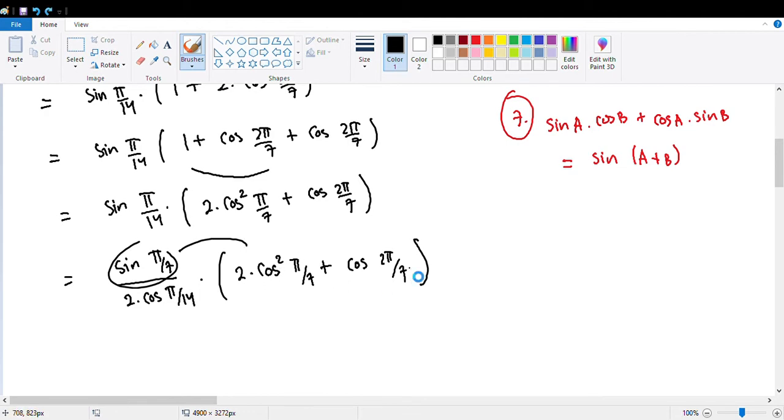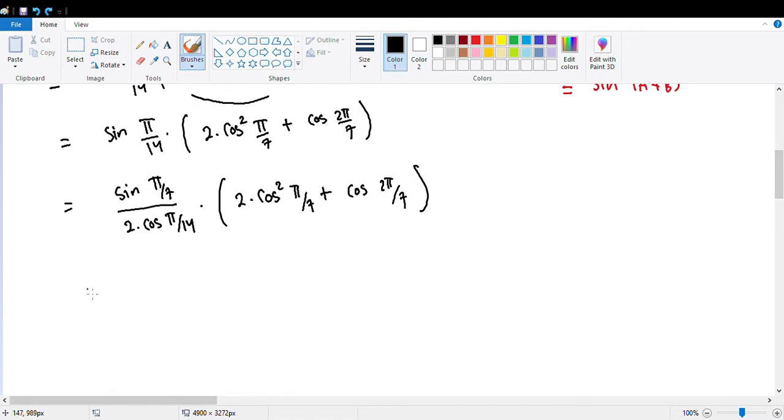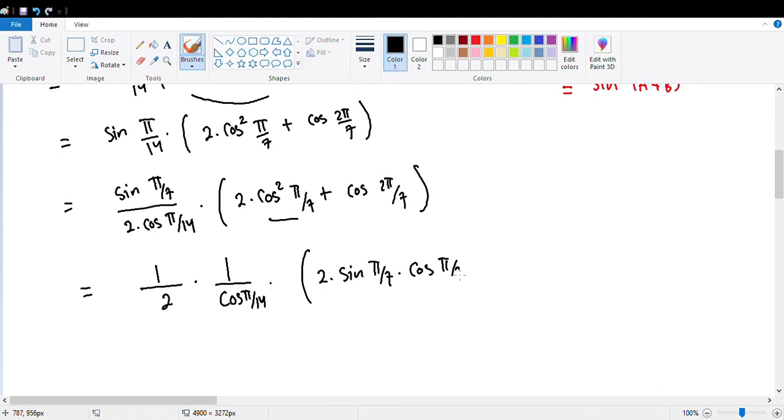So we get 1 over (2 cosine pi over 14) times 2 sine pi over 7 times cosine squared pi over 7. I will split this one, becomes cosine pi over 7 times cosine pi over 7, plus sine pi over 7 times cosine 2 pi over 7, like this.